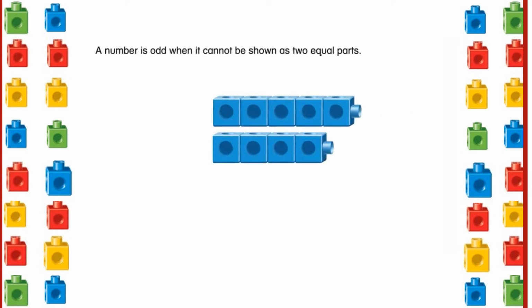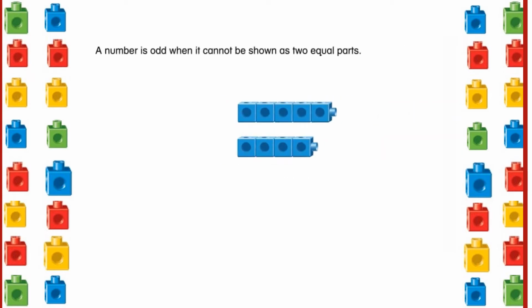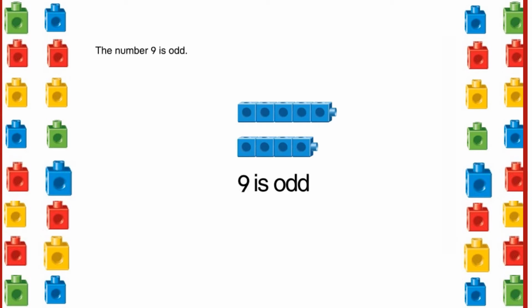A number is odd when it cannot be shown as two equal parts. Is the number 9 even or odd? Anybody got this? The number 9 is odd. How do you know the number 9 is odd?